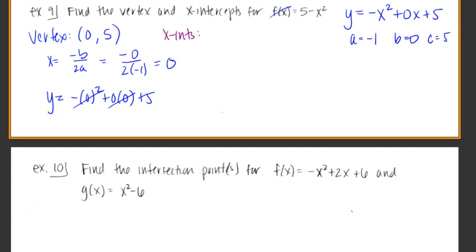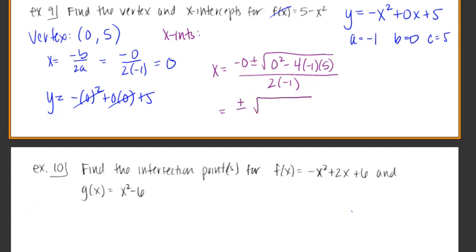Okay, so for the x-intercepts, x is equal to negative b, so negative 0, plus or minus the square root of b squared minus 4 times a times c, all over 2 times a. So negative 0 out front is just 0, so I'm just going to go plus or minus the square root. 0 squared is nothing.